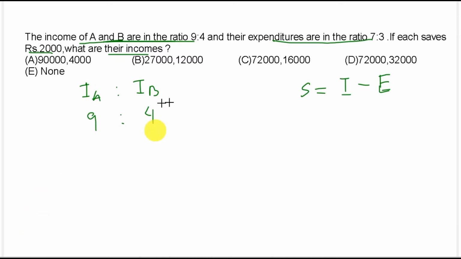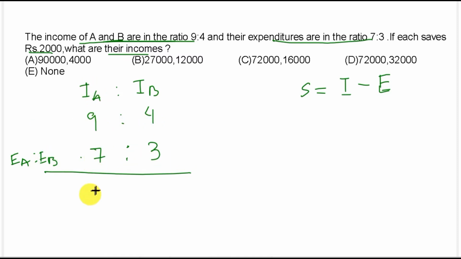So these are the ratio of income. And then what is the expenditure ratio? The expenditure ratio is 7:3. Okay, this is your expenditure, EA and EB. So these are the ratio of the expenditure and this is the ratio of the income.